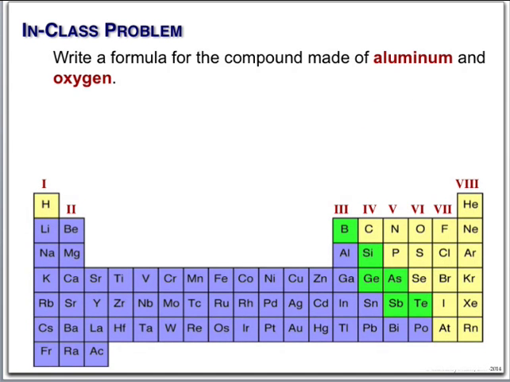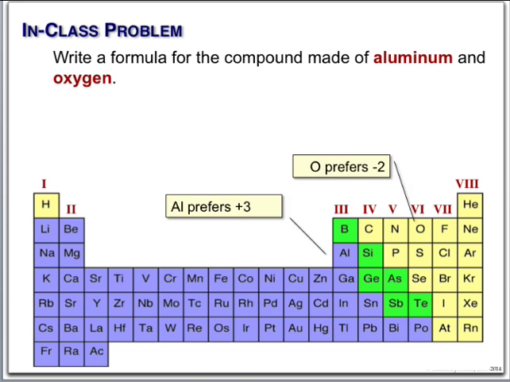Let's do aluminum and oxygen. Aluminum is here in group 3. Oxygen is in group 6. So we have a +3 and a -2.